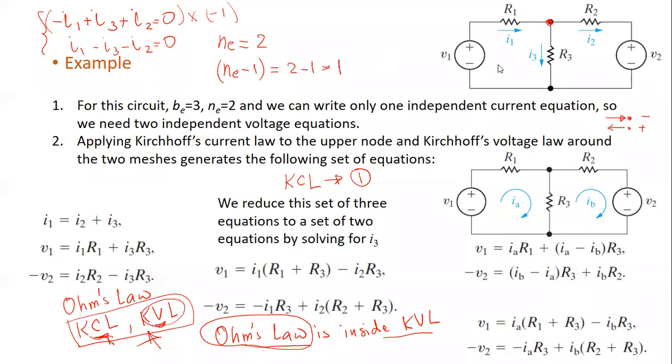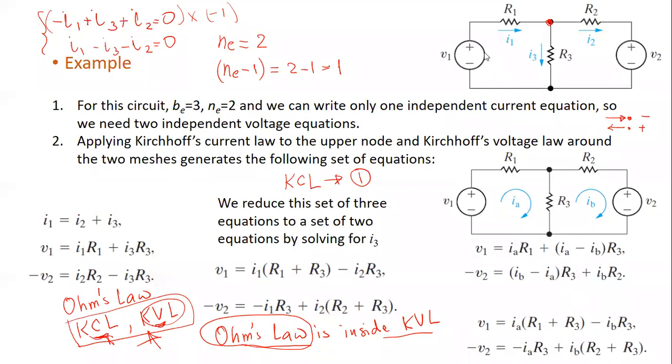We have one loop on the left-hand side, another loop on the right-hand side, and the outer loop. But if you write, for example, the outer loop, your I3 will be excluded, right? But if I write the left-hand side and the right-hand side loops, all the 3 currents will be included. So now we will write the KVL for this loop.